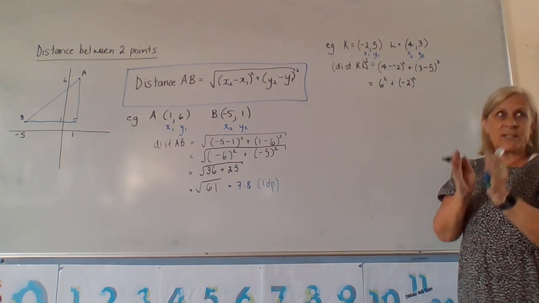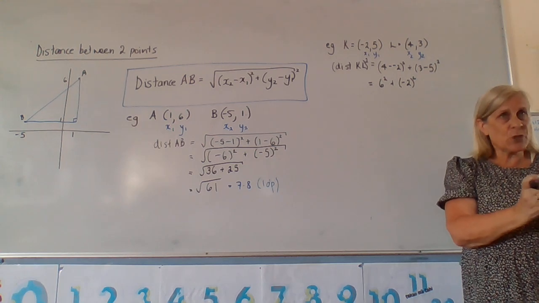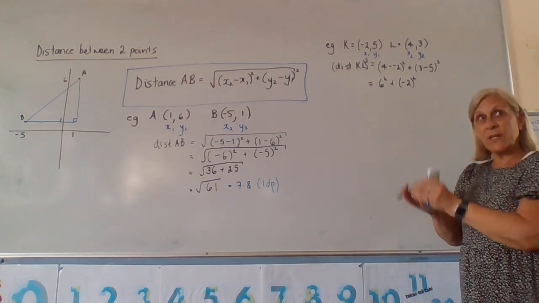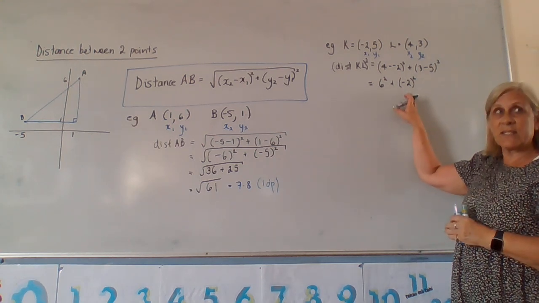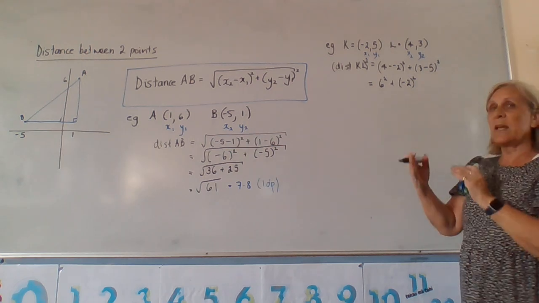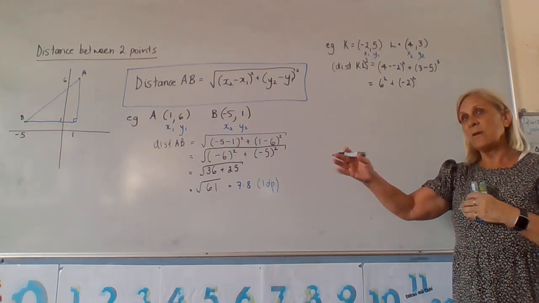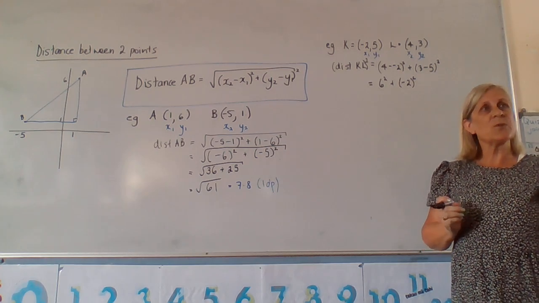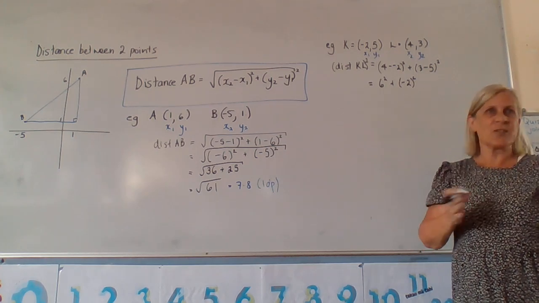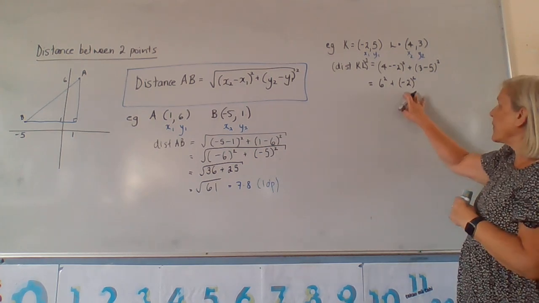But this is negative 2 times negative 2. That we know, 2 negatives make a positive. We know the answer to this is 4. But if we put it as negative 2 squared, it's saying negative, 2 squared, please. What's 2 squared? 4. Negative 4. That's not the same thing.